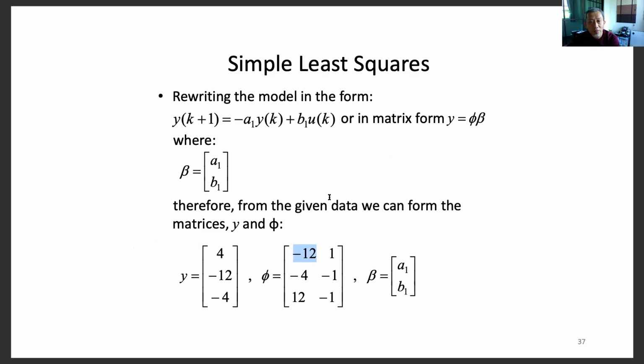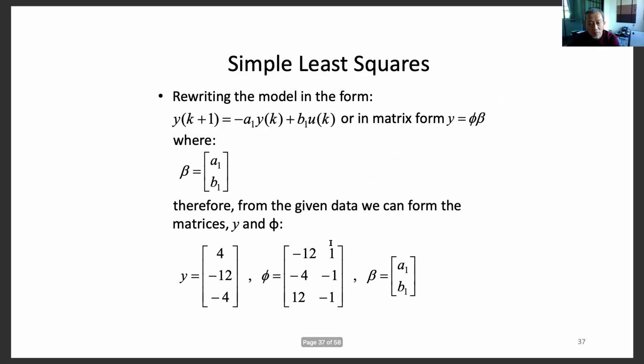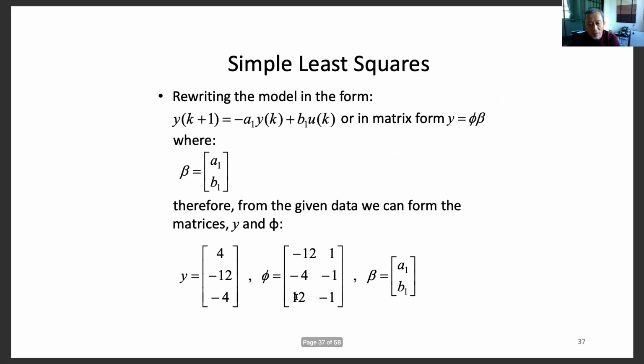The next one is minus positive 4, which is minus 4. Then minus y3, minus 12, so it becomes positive 12, because of this negative.